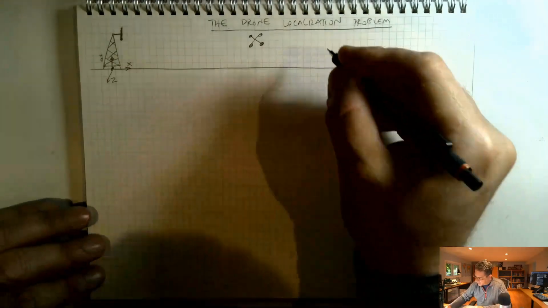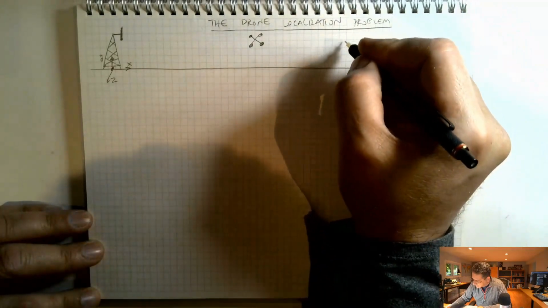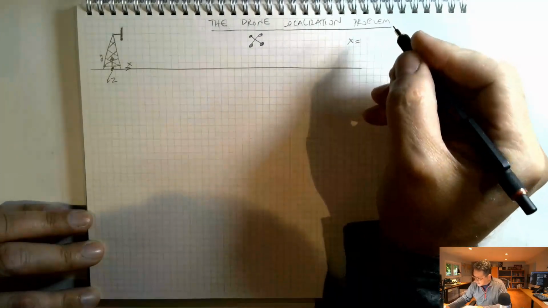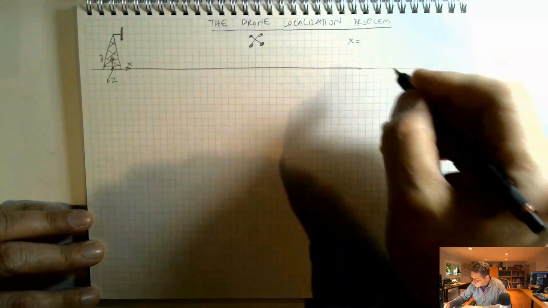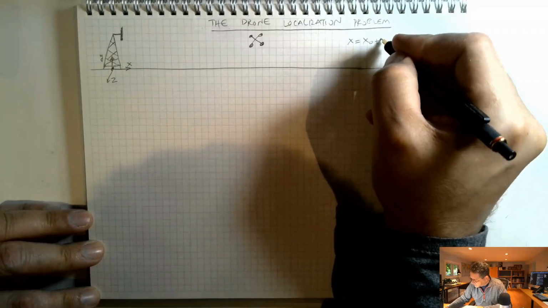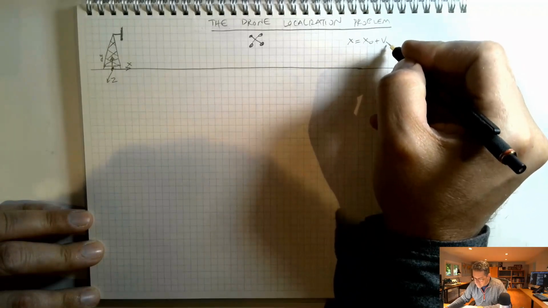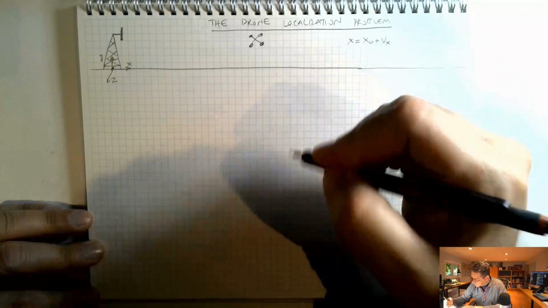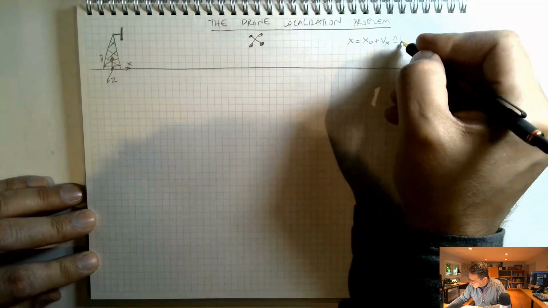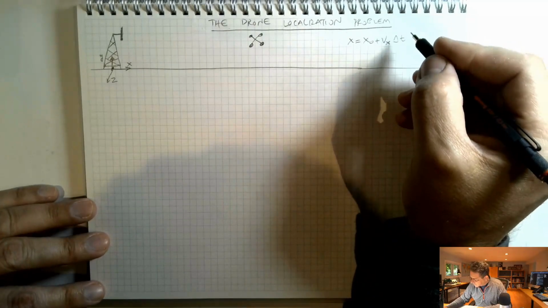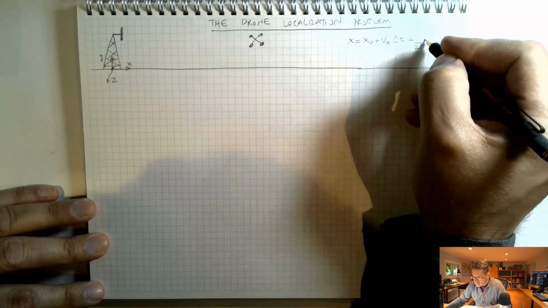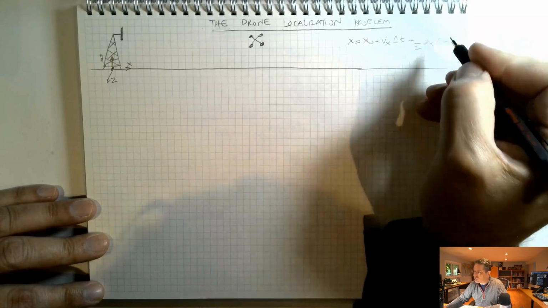At any point in time, the location of the drone is given by some kinematic equations. Let me write the first one: x0 plus vx, the projection of the velocity on the x-axis, times delta t, plus 1/2 ax delta t squared.